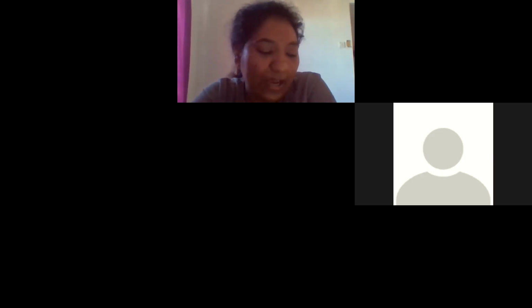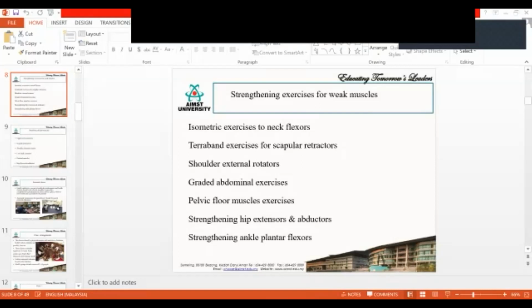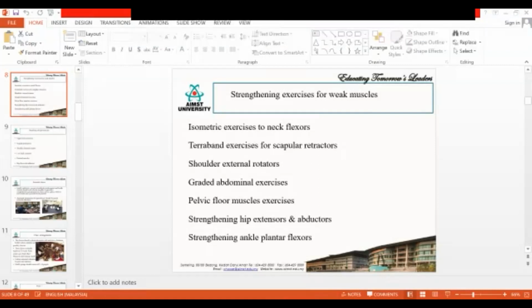So for abdominal muscles, since the person is pregnant, definitely the muscles will become weaker, gradually weaker and weaker. So you don't need to stress much about the abdominal exercises in the antenatal time, but still you can ask them to do isometric abdominal exercises.